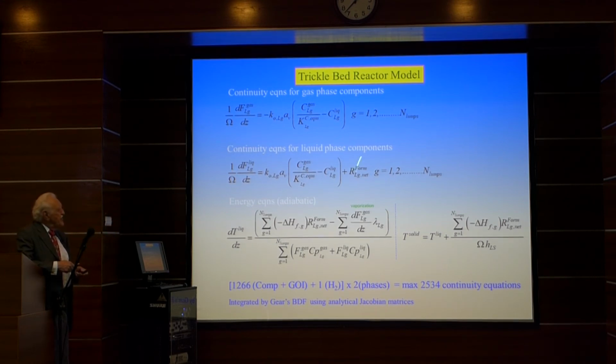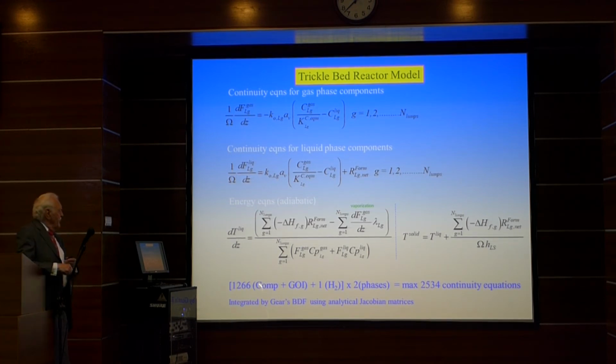So this is the rate at which the component A is disappearing out of the gas phase through transfer to the liquid phase and reaction in the liquid phase. And this, of course, describes how the temperature evolves in the reactor. That's not a small thing, you know.